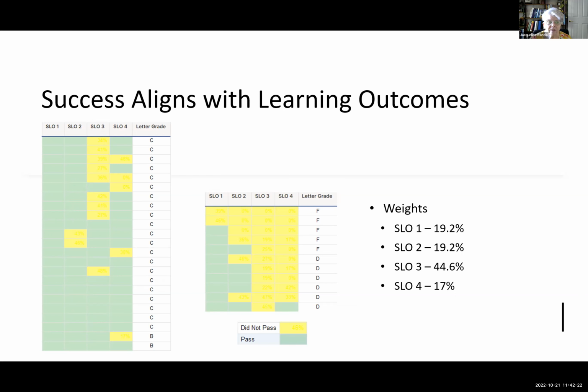But I think this makes just an excellent argument, and it's really intriguing to see it presented this way. The letter grades are just jumping out at me: oh no, how did you manage to pass the class when you didn't master SLO3, which is so terribly important?